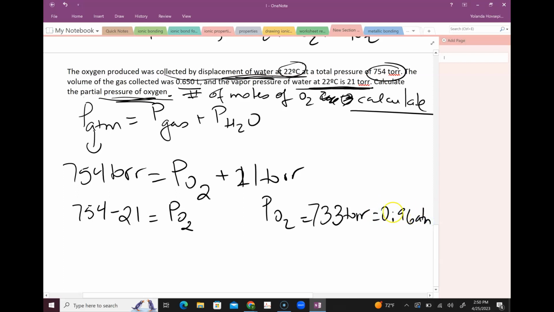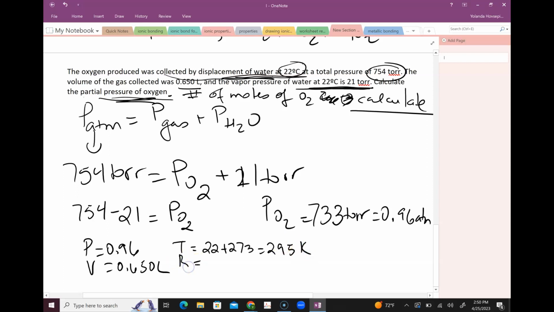Now, I have pressure, I have volume, I have temperature, plus the 273, right? So this is 295 Kelvin.